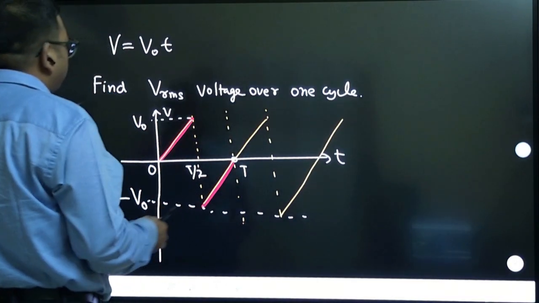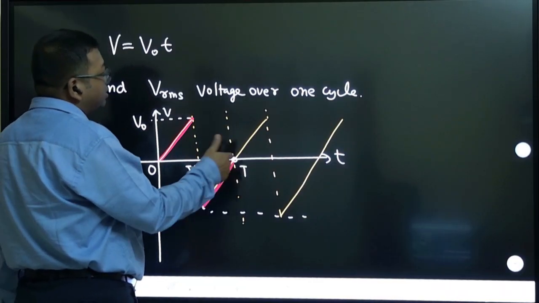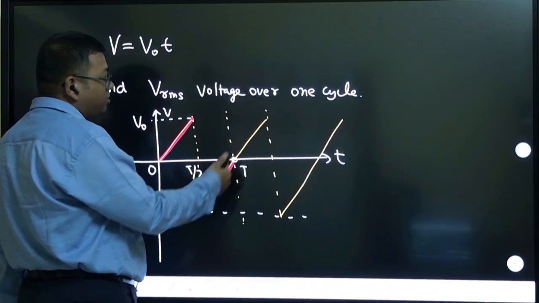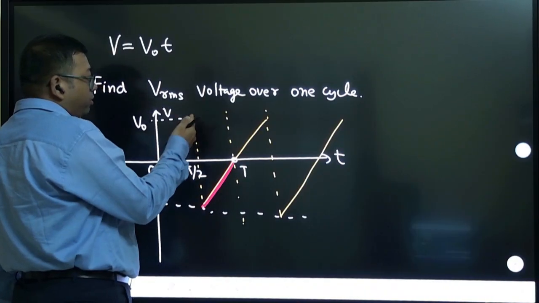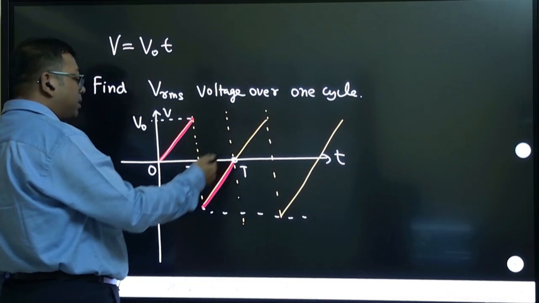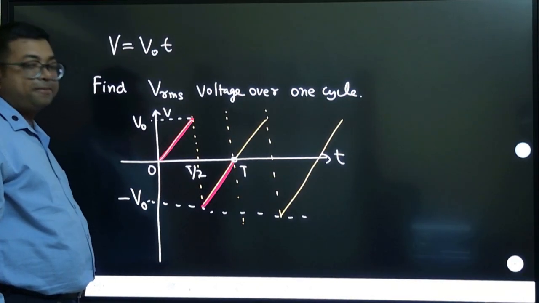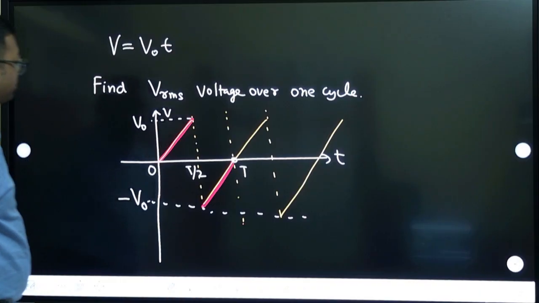But if you want to calculate over this interval, then you have to find the function of this. You need to find the equation of this line, right? You know this equation only. You need to also find the equation of this line. So what will be the equation of this line? How do we know that?